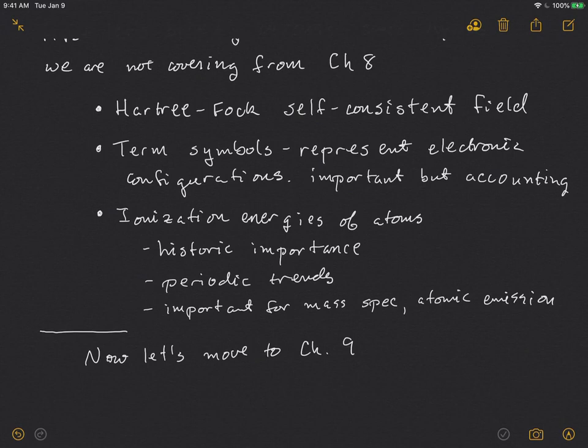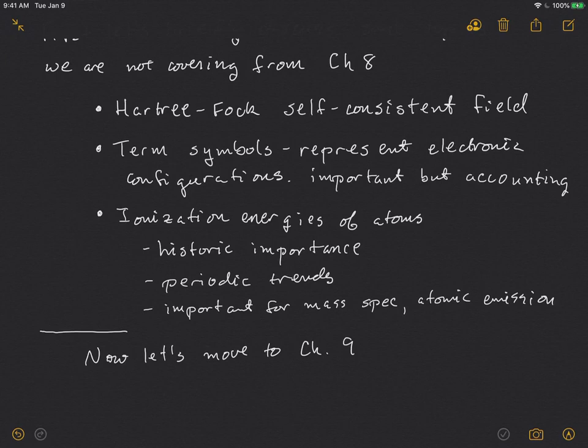Another thing that we're going to be skipping is ionization energies of atoms. This is something that perhaps gets covered in some of your prior chemistry courses on some level. It's hard for us to do a real deep dive. Of course, these ionization energies are well predicted by Hartree-Fock theory, and they're of historic importance.